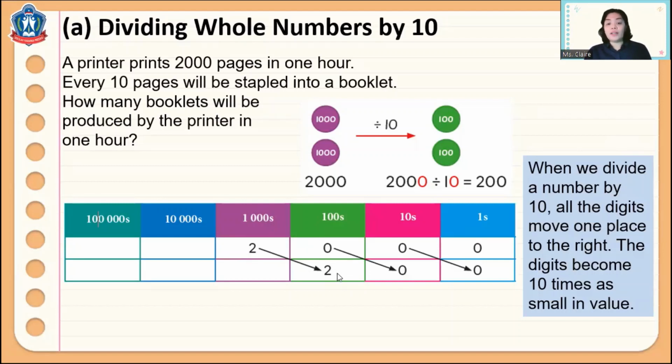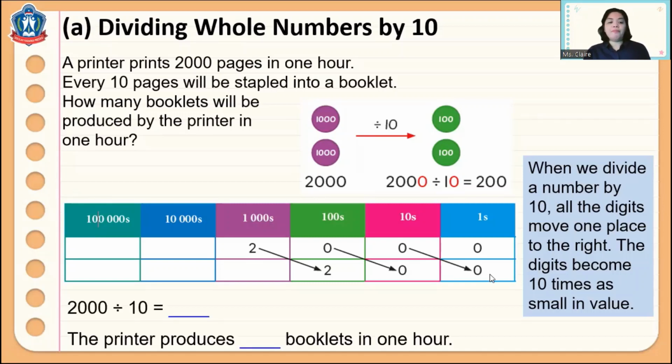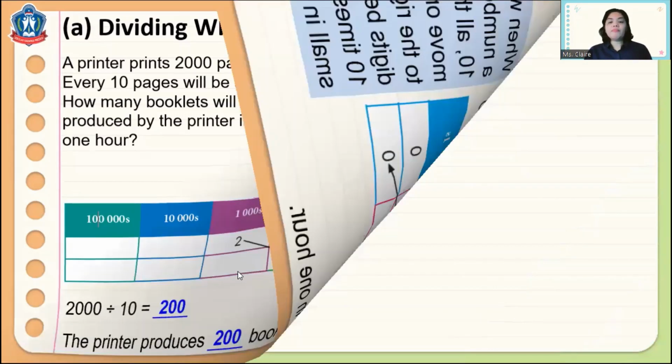So it becomes 200. Since they all are zeros, the 0 in hundreds becomes tens, and the 0 in tens becomes ones. Therefore, the answer is 200. So the printer produces 200 booklets in 1 hour.